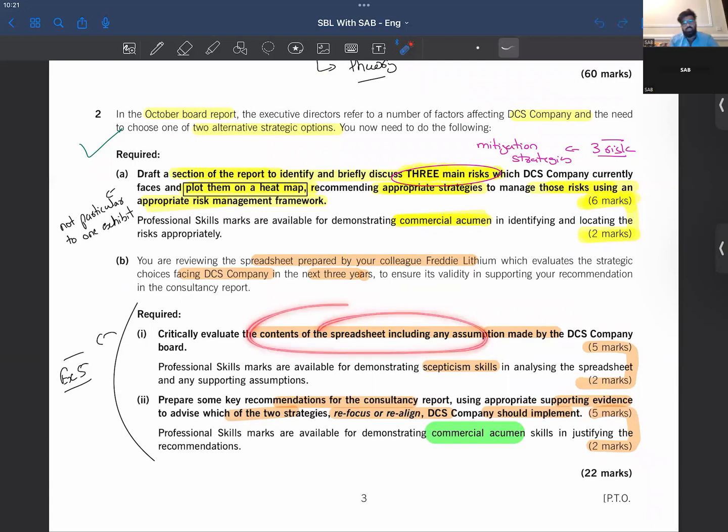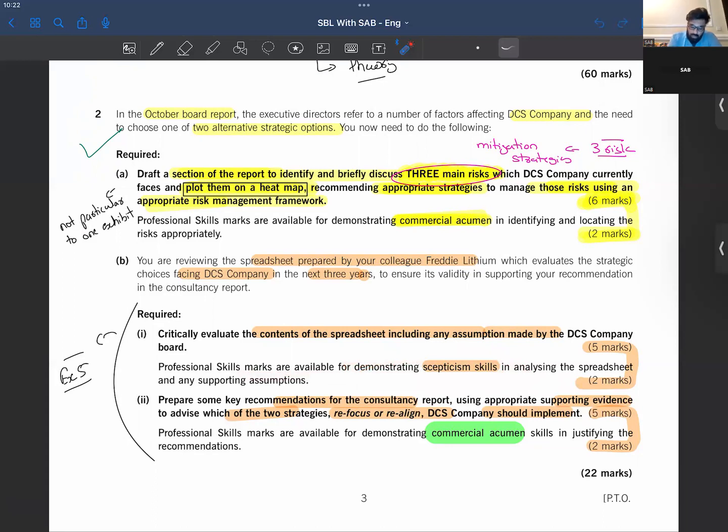Because this question raises the answer in its flow so that you automatically apply skepticism in this particular question. See, critically evaluate the contents of the spreadsheet, including any assumptions made by the DCS company board, and skills marks are available for demonstrating skepticism skills. 5 marks and then 2 marks, right?